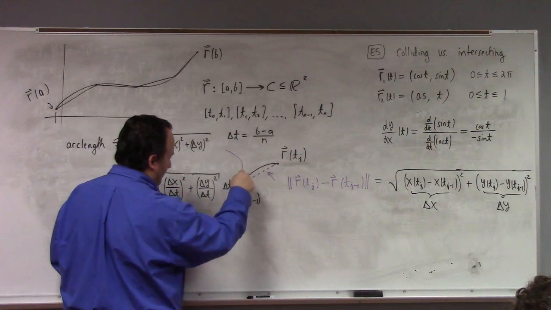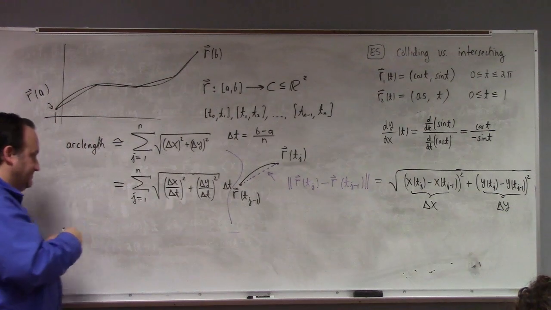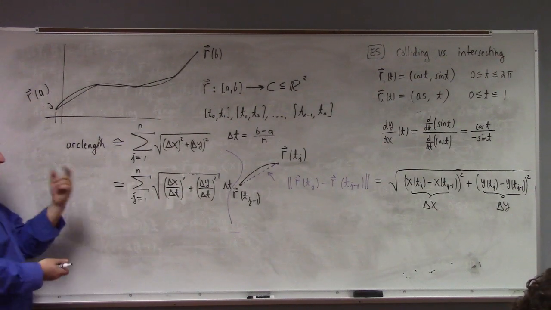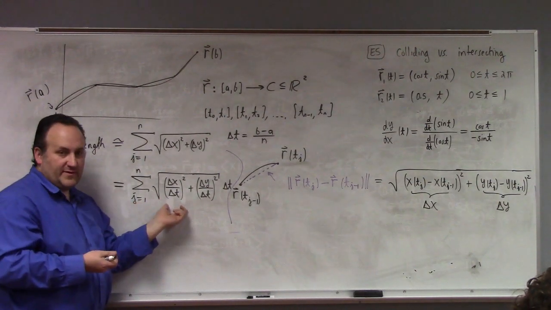Sorry, poor planning on my part. Well, why would I do such a thing? Because as your delta t approaches 0, you start to get that instantaneous rate of change. Right, as my delta t goes to 0, these should become derivatives.